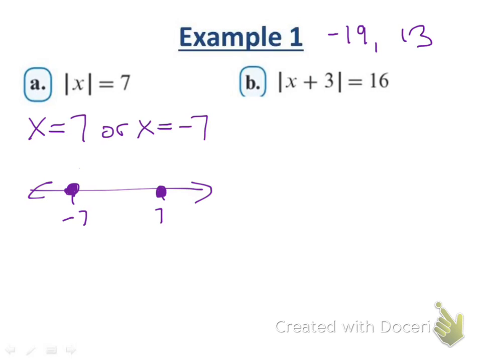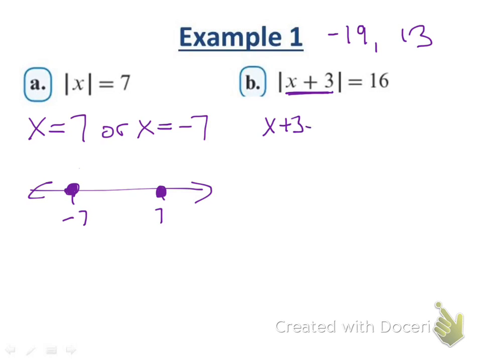The absolute value bars are a grouping symbol, so that's one thing. The distance of that thing from 0 is equal to 16. So that means the thing inside here can be what? 16. Or? Negative 16. That's right.